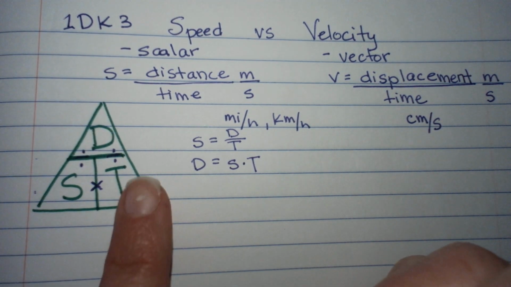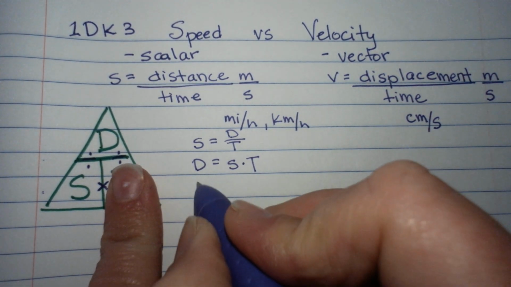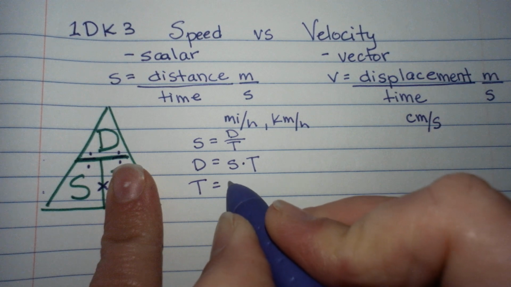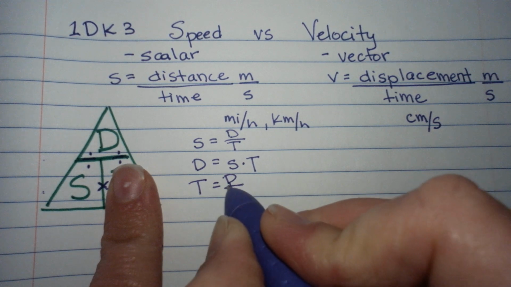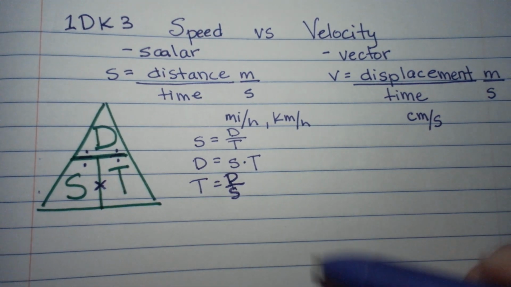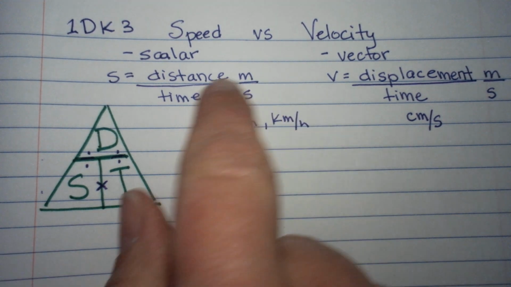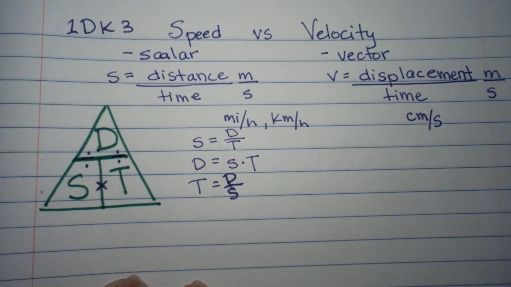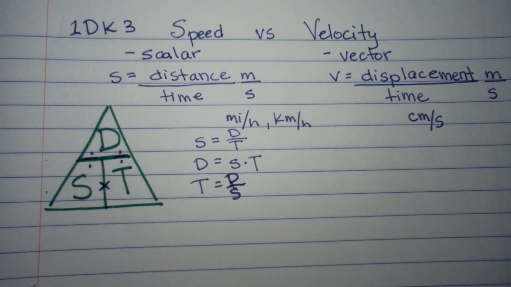Okay, what does time equal? Distance divided by speed. So whether you use the triangle or whether you use the formula or whether you use algebra to just figure it out once you've got there, this is what we're going to need to do today.